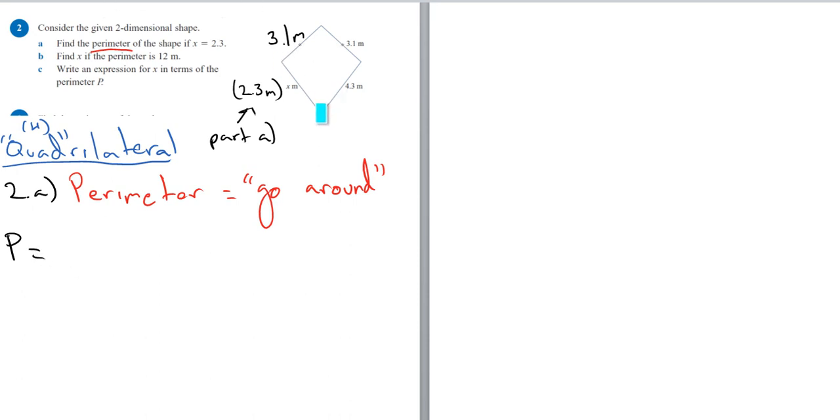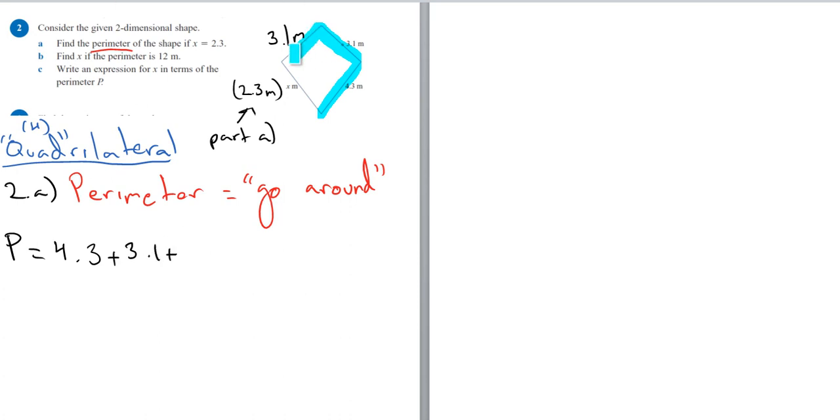We'll start walking in this corner. The first side is 4.3, so we'll write that down. Now remember, you don't write the units in the equation, you don't write them in the actual calculation. You only write them at the end. So the first side is 4.3. The next side is 3.1, so we write that in. So is the one after that.